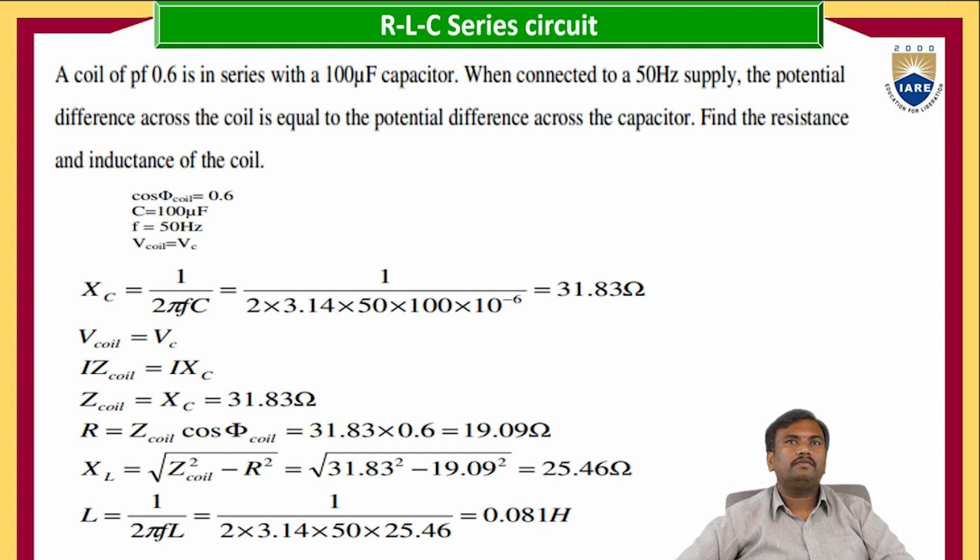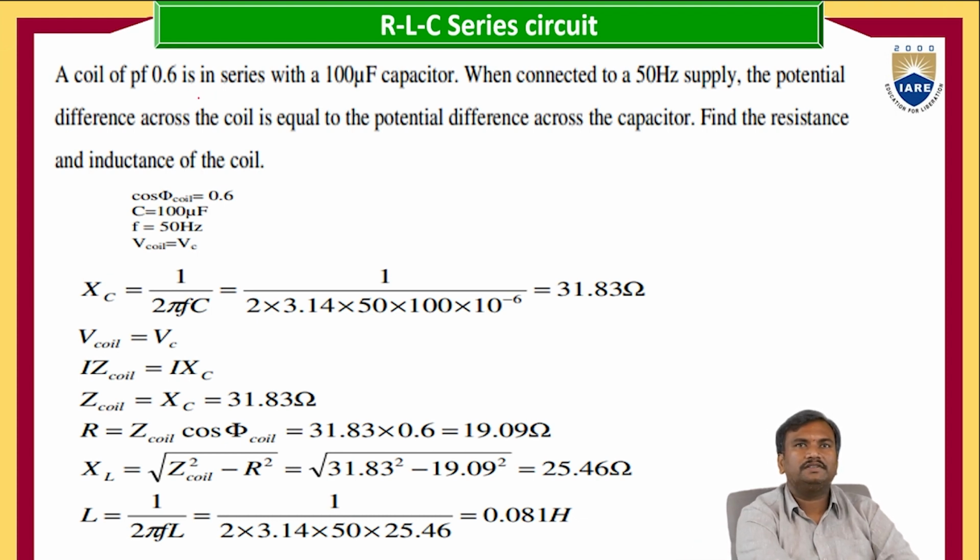When a coil of 0.6 power factor is in series with a 100 microfarad capacitor, when connected to a 50 Hz supply, the potential difference across the coil is equal to the potential difference across the capacitor.